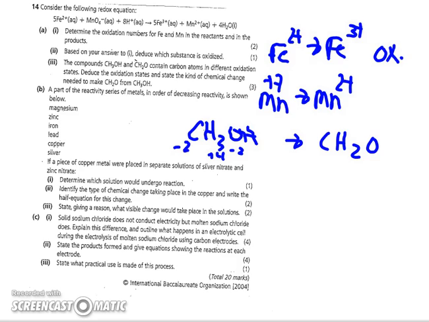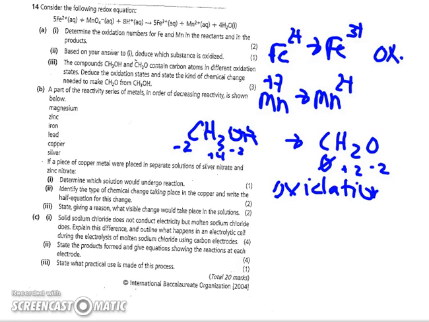So that means the carbon's a -2 as methanol. But CH2O, I've got a +2 and a -2. So now my carbon has actually gone to 0 there. And then you're asked what chemical change is needed to make that. Well, oxidation would be fine to call it that.